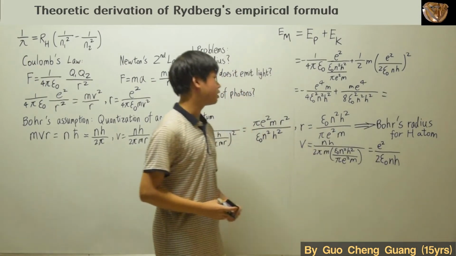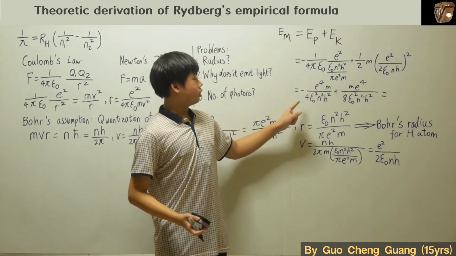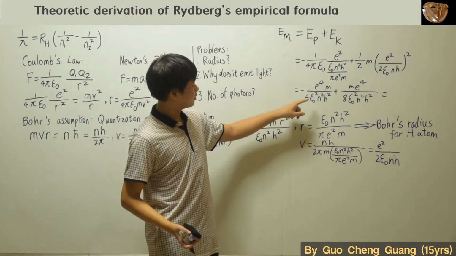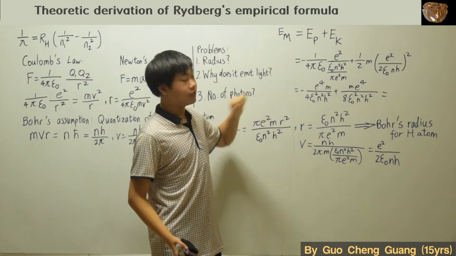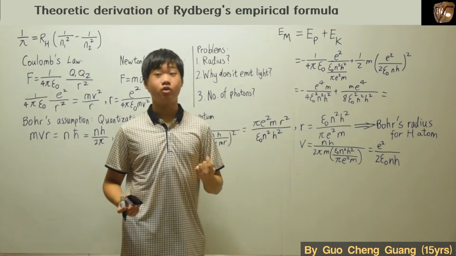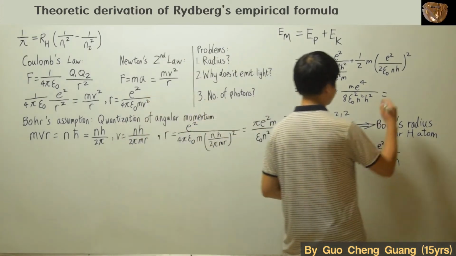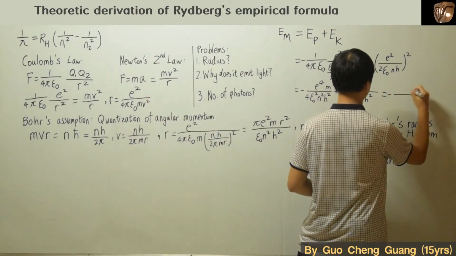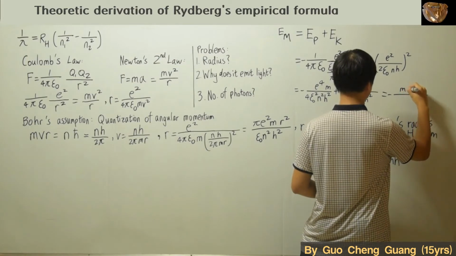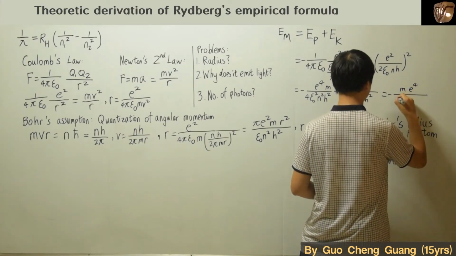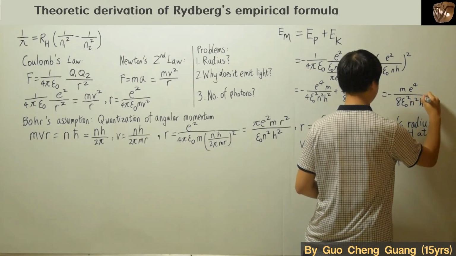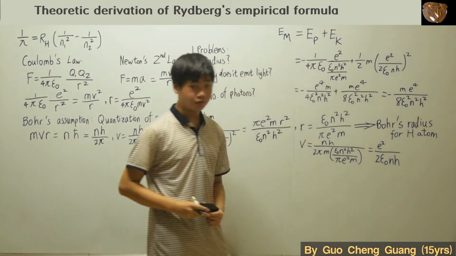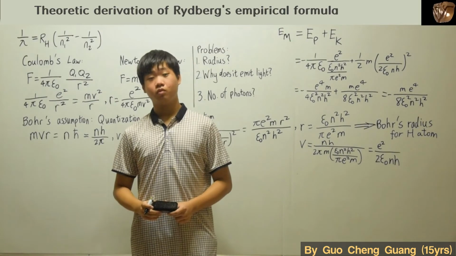So then you would realize that you can combine both of your fractions to get negative m e to the power of 4 over 8 epsilon naught squared n squared h squared. So this is what you're going to get for your mechanical energy.